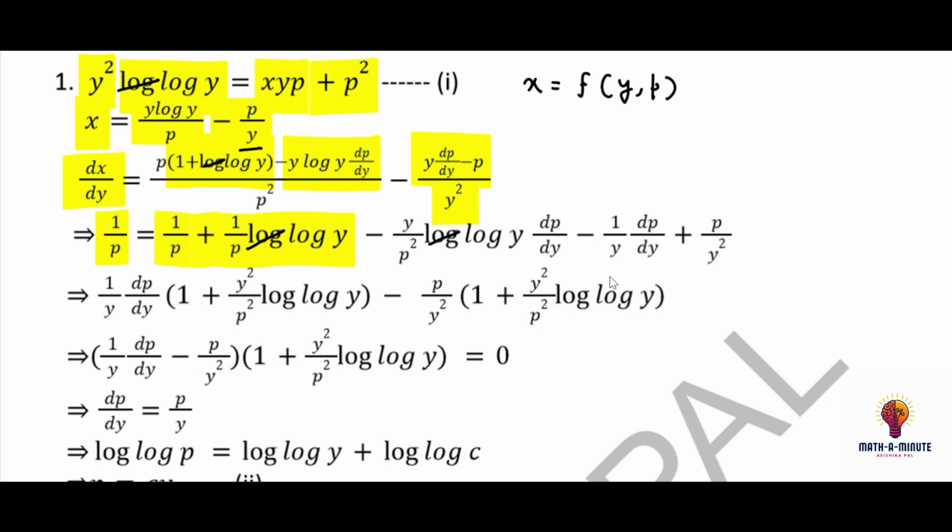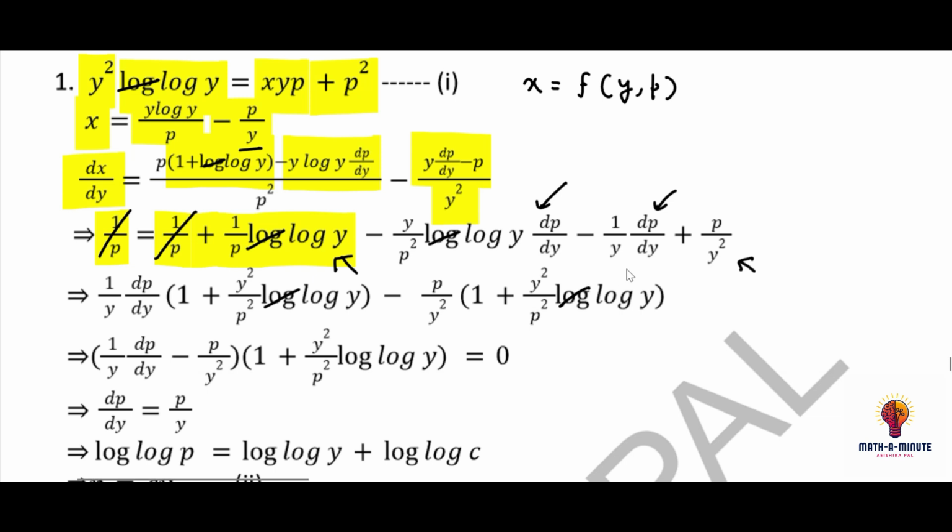Okay, and so we can write this differential equation in this form. From this term and this term, if I take 1 by y dp/dy common, it will be 1 plus y squared by p squared log of y. Okay, and 1 by p terms will actually cancel out, and from this term and this term, if we take minus p by y squared common, it will be 1 plus y squared by p squared log of y.